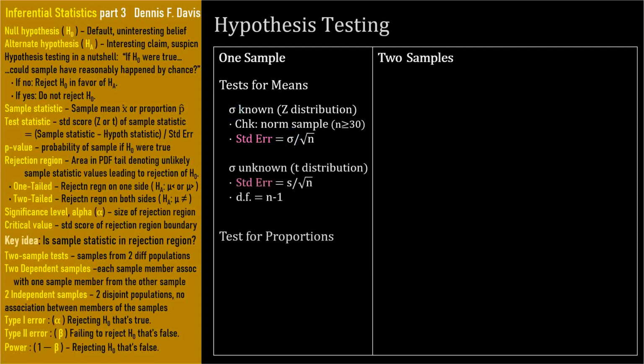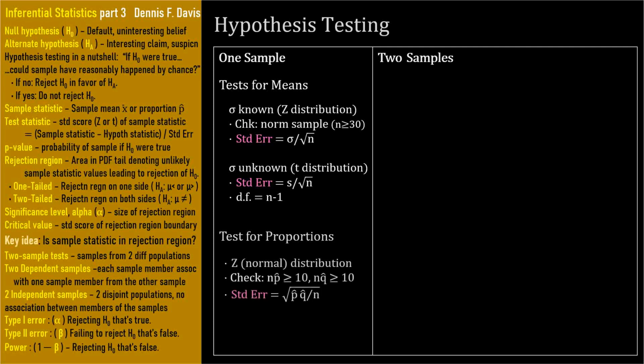If we don't know sigma, then we estimate it with our sample standard deviation s. This is a biased estimator of the population standard deviation sigma, so we must use a t-test. Our best guess at the standard deviation of the sampling distribution is the standard error, which is s divided by the square root of sample size n. For t-tests, we must also know the degrees of freedom. For one-sample t-tests, it's n minus 1.